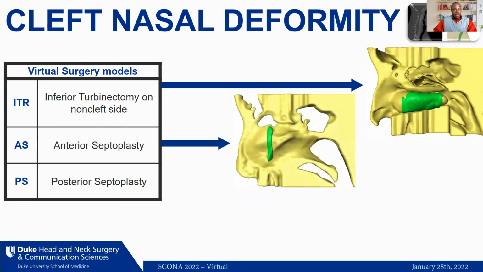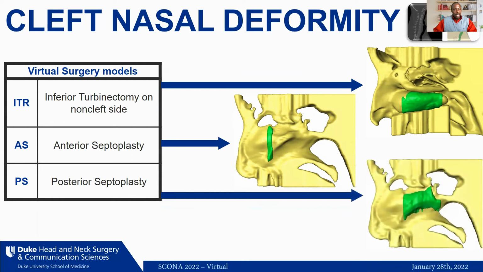AS is anterior septoplasty. Again, in that graphic, we see the green region where anterior septoplasty was done. And PS is posterior septoplasty. The green region shows the extensive region where posterior septoplasty was done.